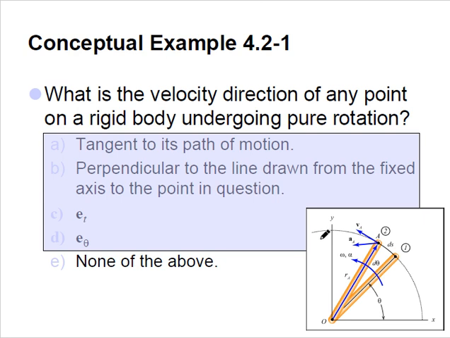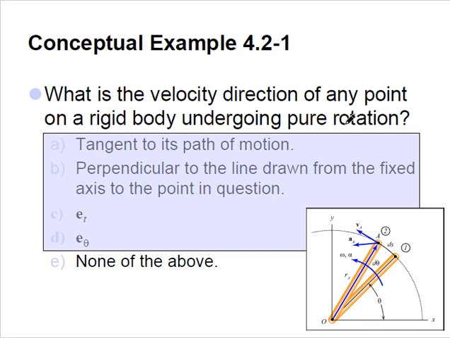This is your conceptual example 4.2.1, and I'm just giving you the answer, how to look at it. So here the question is saying, what is the velocity direction of any point on a rigid body undergoing pure rotation? So you look at it tangent to its path of motion.